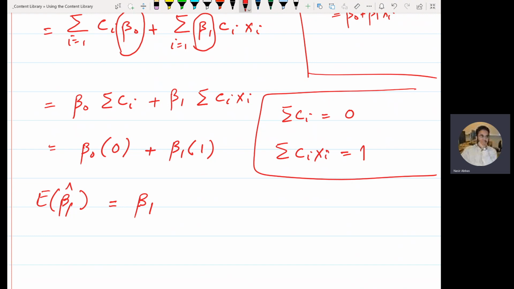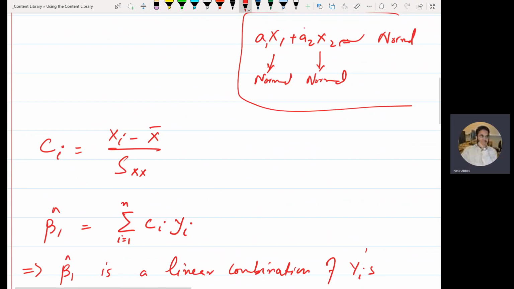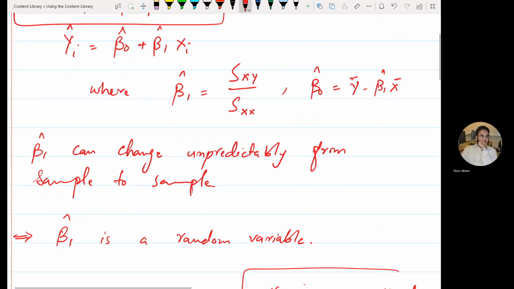What is the criterion of being good? Yes. Beta 1 hat is not a constant. Beta 1 is a constant. Beta 1 hat is a random variable. That was the first thing we said in this class. I take you back here.